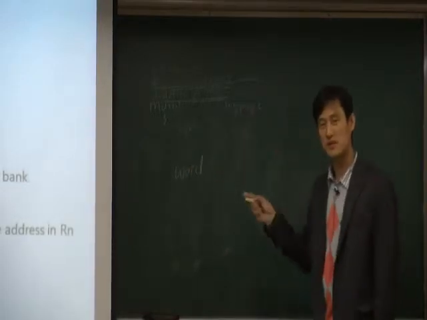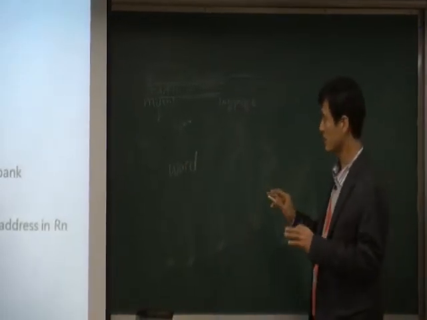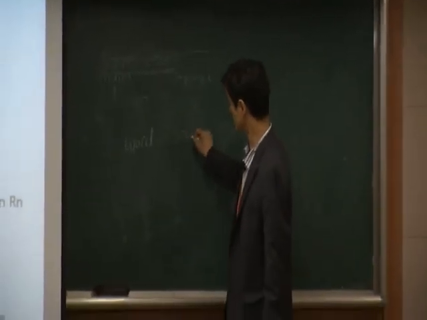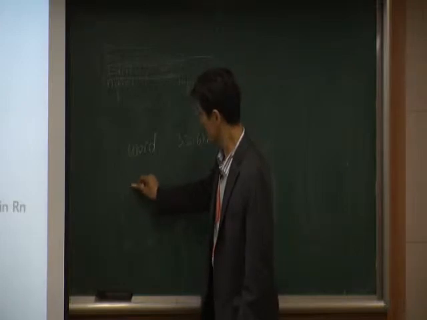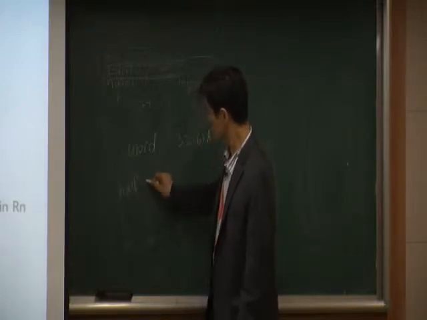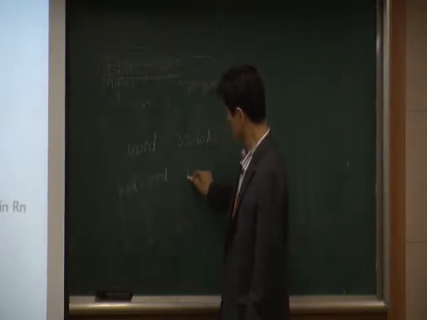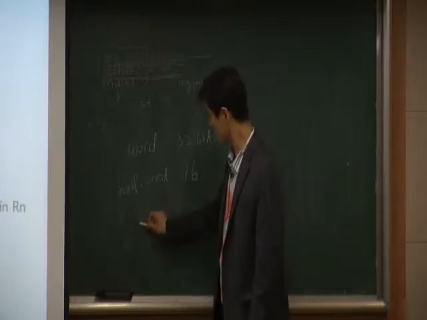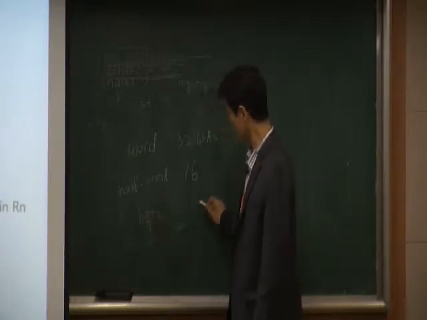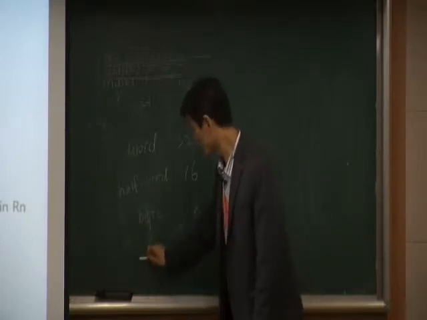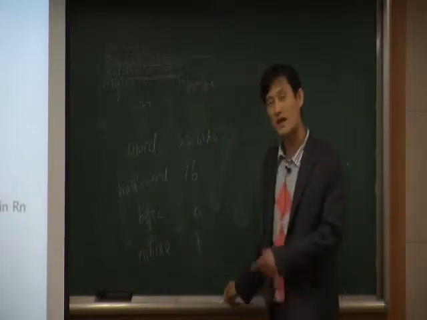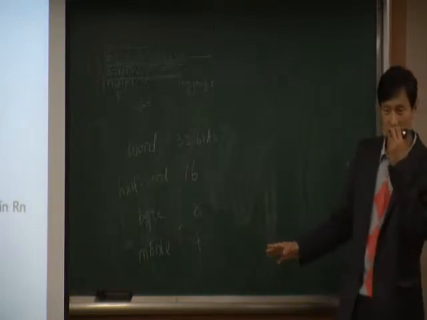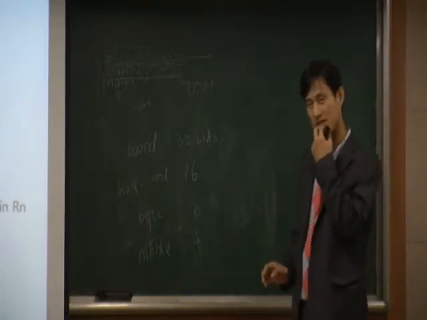Actually, it depends on the system, but I'm talking about generally. Generally, a word is 32 bits, half word 16, byte 8 bits, and generally nibble 4 bits. Not always, but generally it's like this.